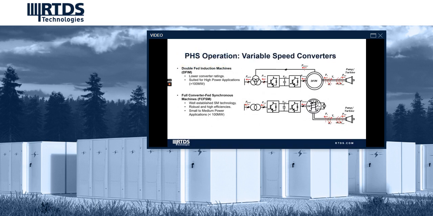Modern pumped hydro storage systems use variable speed motor and generator units driven by combined pump and turbine systems. The benefits of combined pump turbine hydro units include reduced plant cost and size.